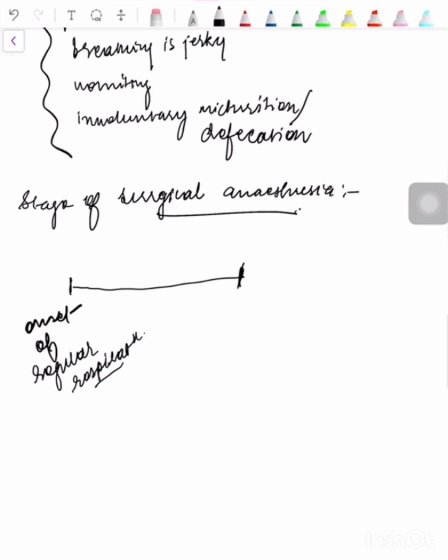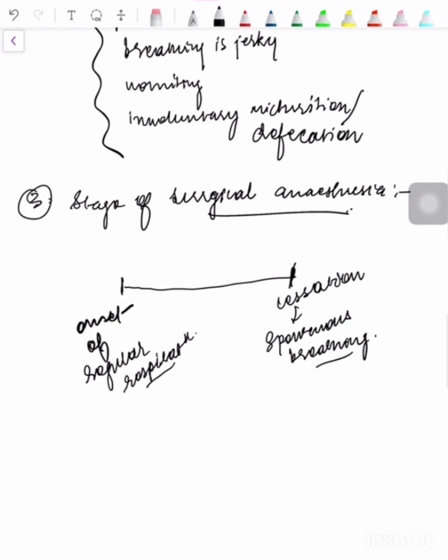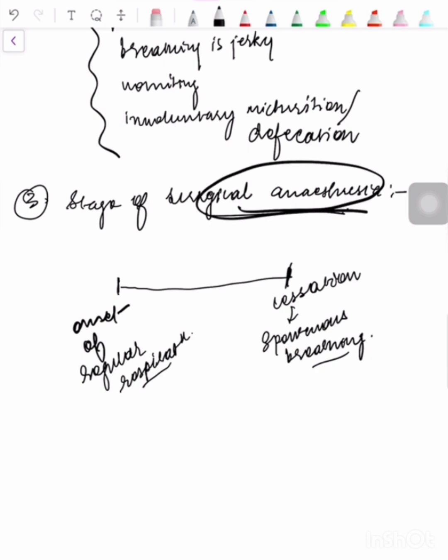So here the onset of regular respiration to the cessation of spontaneous breathing. So muscle relaxes, breathing is depressed, vomiting stops, eye movement slows and then ceases. So the patient is ready to be operated on, and hence the name of the stage where you actually do the surgical procedure.